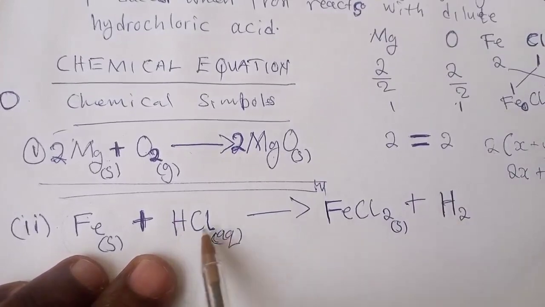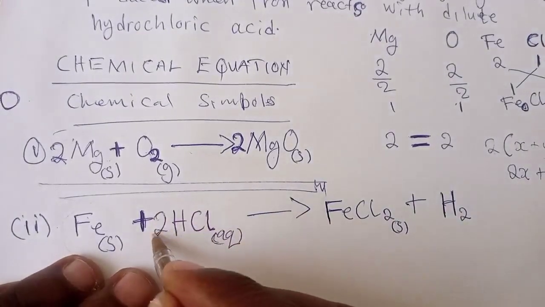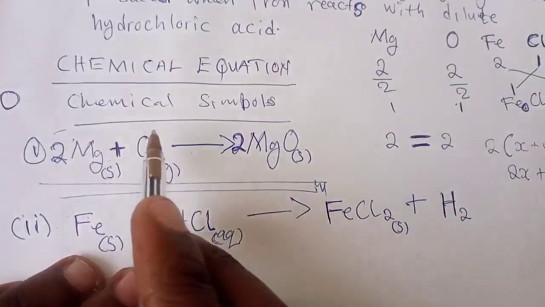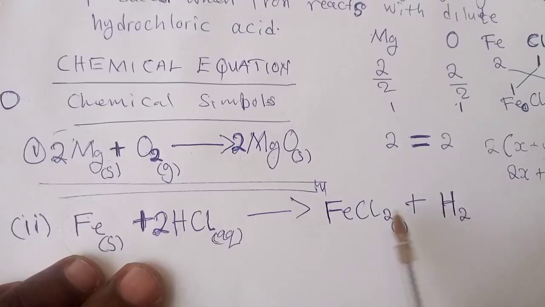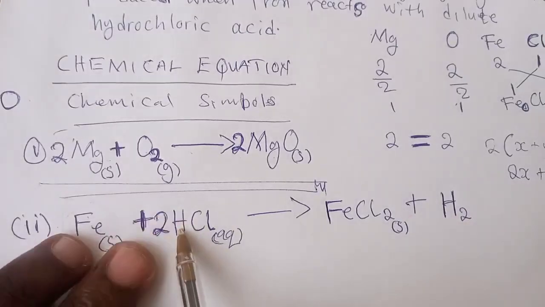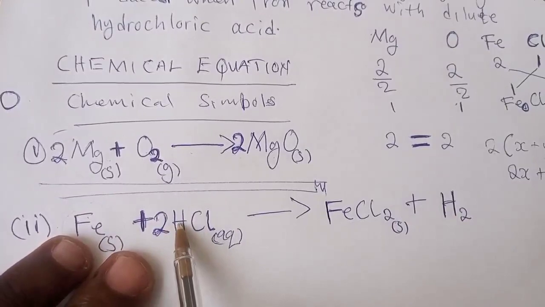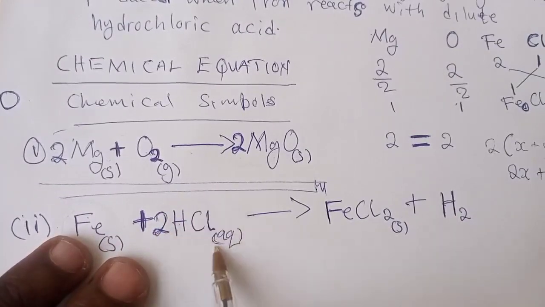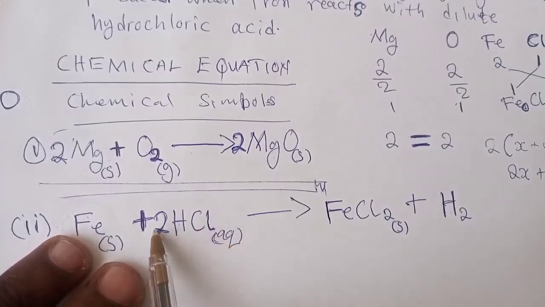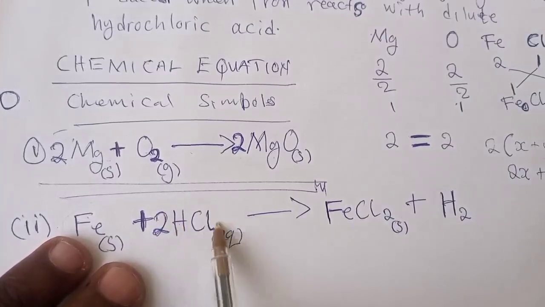So we add 2 here, like we did in the previous equation. Since hydrogen is 2 and we add 1, we add 2. So 2 multiplied by this, it will be 2. Don't forget that this 2 has also multiplied with this, so there is 2 hydrogen and 2 chlorine.